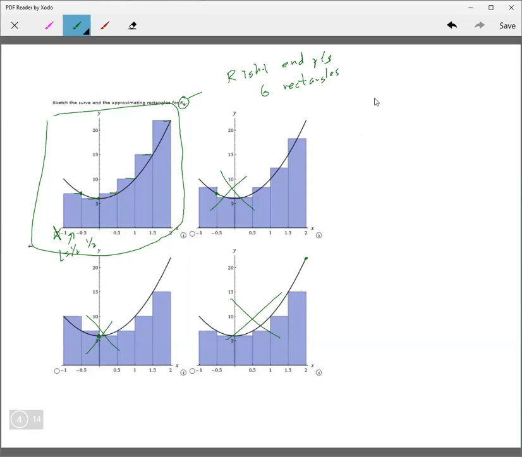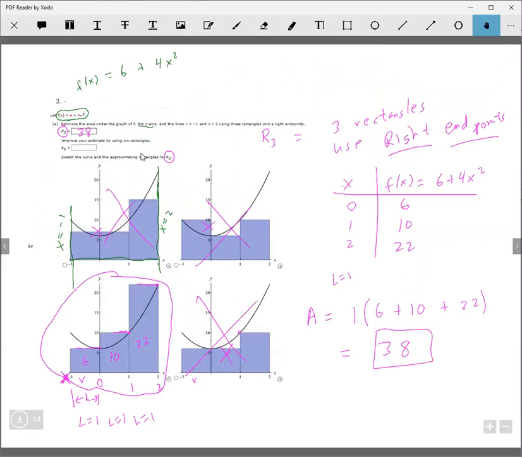Now these are going to be the right endpoints with the axis, and then our f of x. What was it? 6 plus 4x squared. Is that it? Yeah, 6 plus 4x squared.